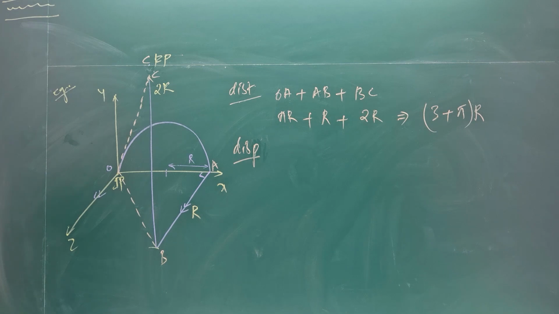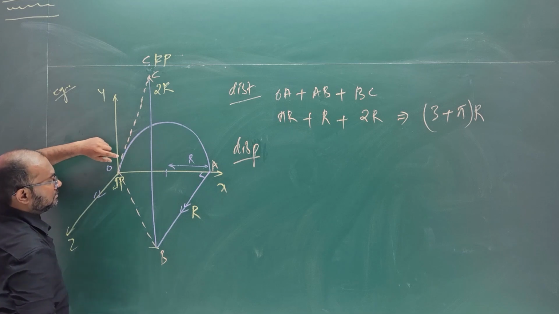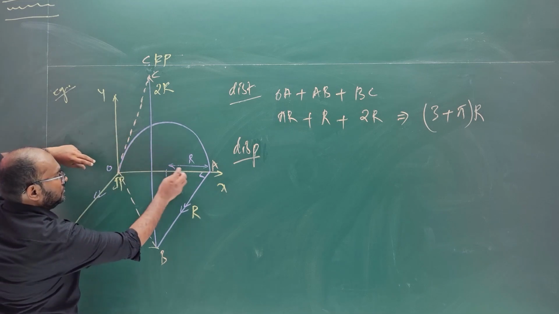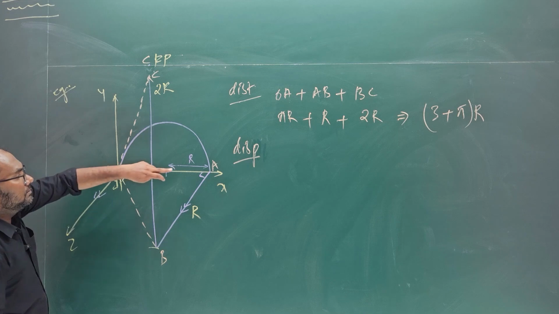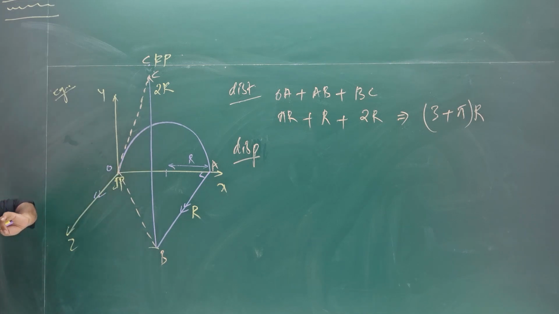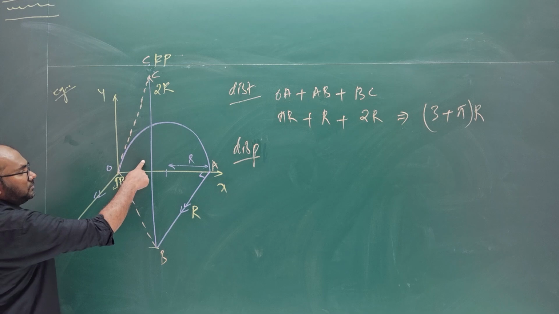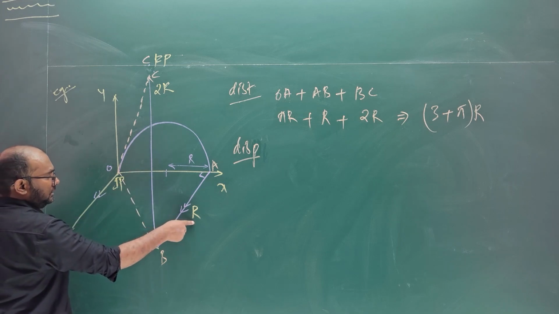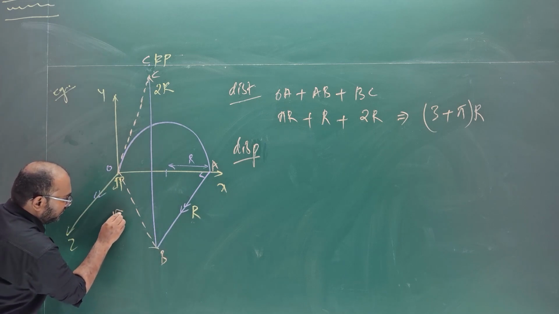To find OB, can I say in this triangle OAB, this one is 2r, OA is 2r. So in this triangle, OB becomes 2r square, that means 4r square, plus this r square, 5r square under the root. So OB becomes root 5r.